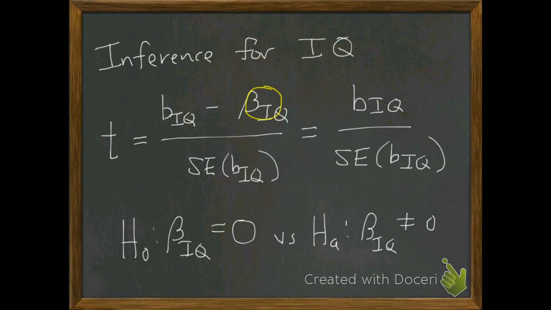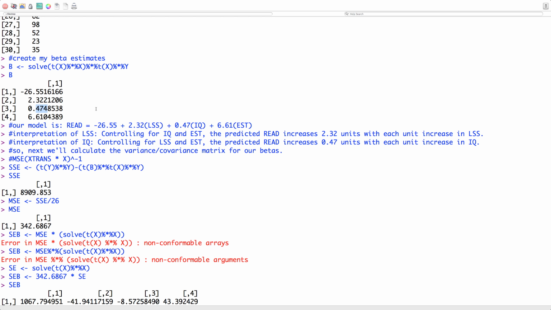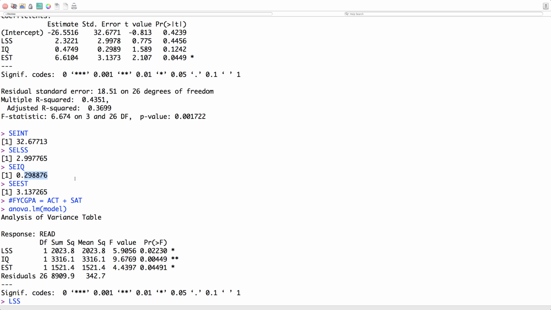So 0.475 was the beta estimate. And we saw that we could find the standard error for IQ, 0.29. Well, let's just call it 0.299.